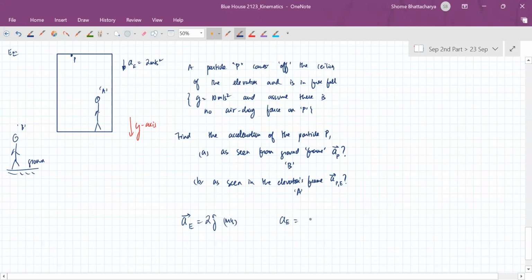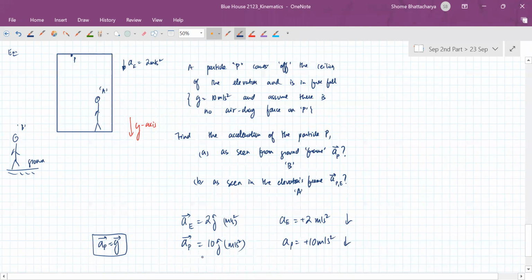Or we can just say that it is plus 2 meters per second square downwards. Okay. And the acceleration of the particle in the ground frame will be what? It will be gravity only. So it will be 10 j cap in meters per second square. Or in scalar form, we can write it as plus 10 meters per second square, positive direction being downwards.